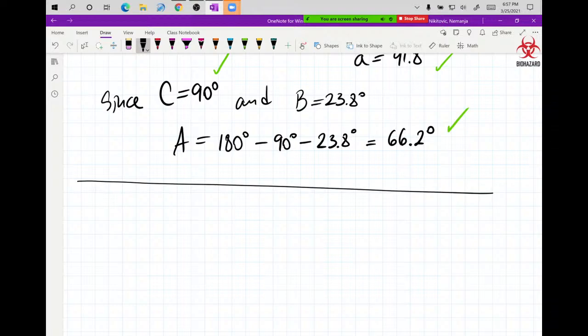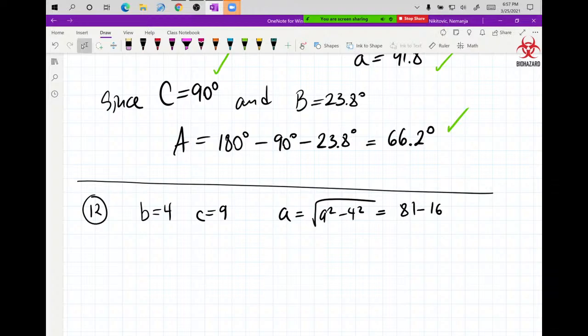You always have that 90 degrees given, basically. So for problem 12, you have B is equal to 4 and C is equal to 9. You can immediately get your A without much thinking, right? Which is 81 minus 16. So that's what? Square root of 65.